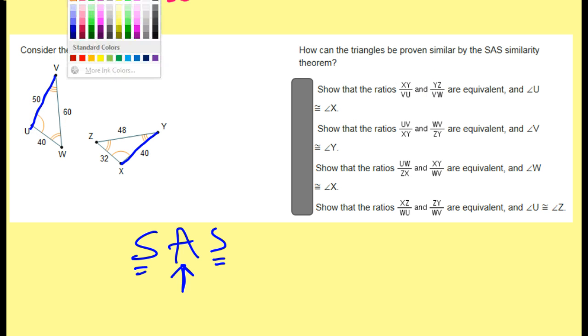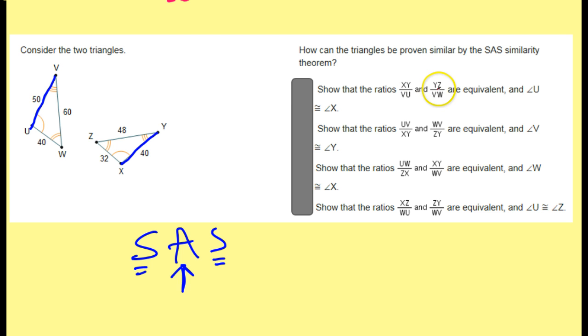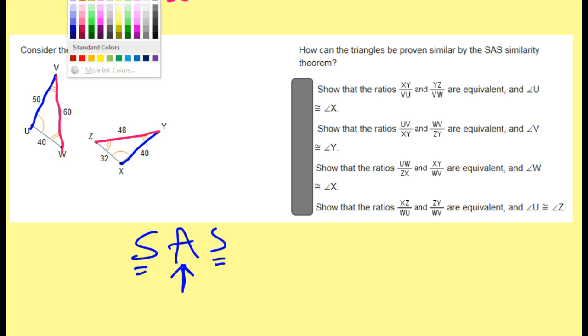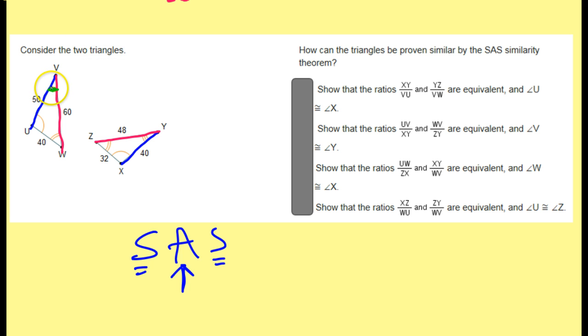And then let me switch colors. We have corresponding sides YZ and VW. So here's YZ and VW. Alright, if those are the sides, the included angle has to be this one right here and this one right here.